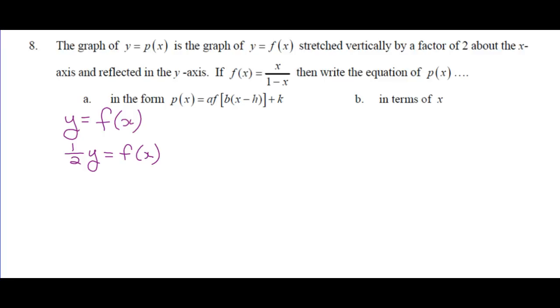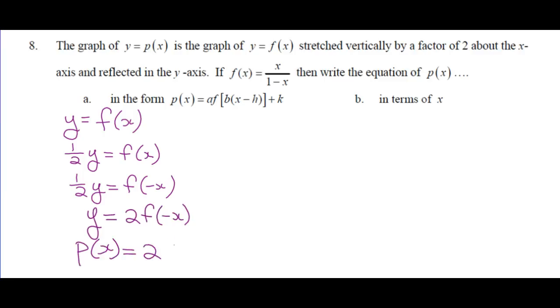X is replaced with negative x. 1/2 y. And then, oh, really? That's it? Wow. Okay, and we got to get it in the form, so we're just going to go y is equal to 2f of. So then, we didn't want y, right? We wanted p of x.